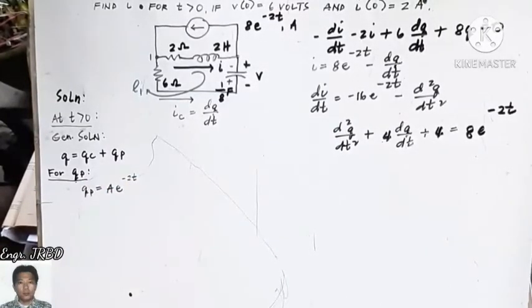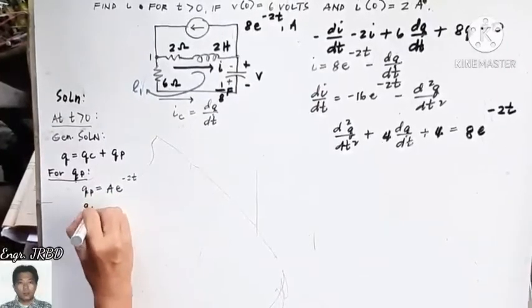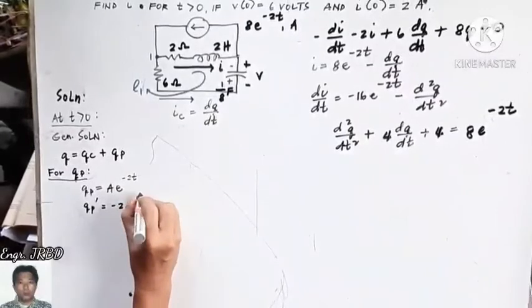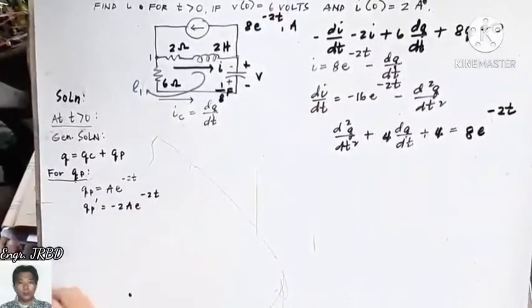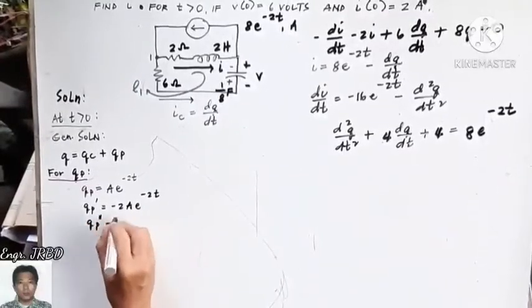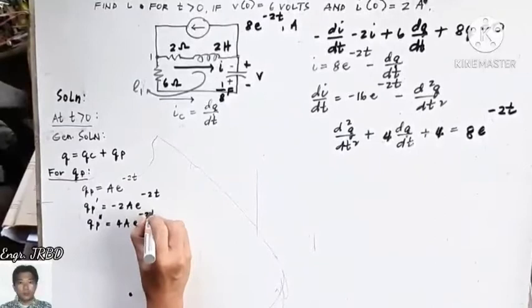Okay? What we will need is the first derivative for Q sub P. Q sub P prime, that is negative 2a e raised to negative 2t. The second derivative, that is 4a e raised to negative 2t.